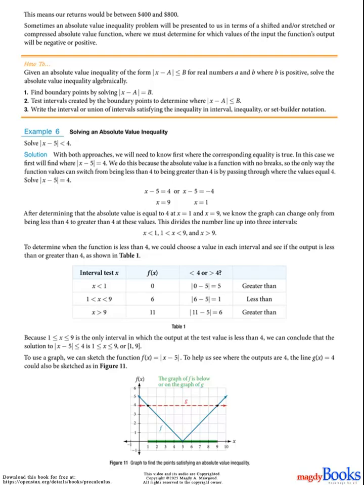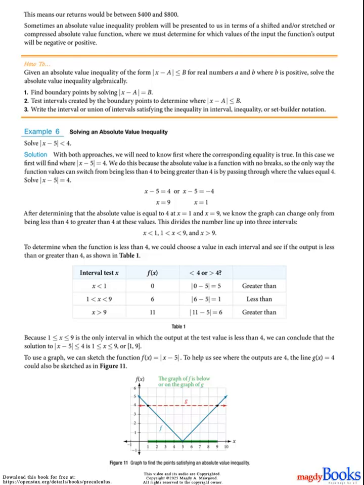x minus 5 equals 4, x equals 9. Or x minus 5 equals negative 4, x equals 1. After determining that the absolute value is equal to 4 at x equals 1 and x equals 9, we know the graph can change only from being less than 4 to greater than 4 at these values.